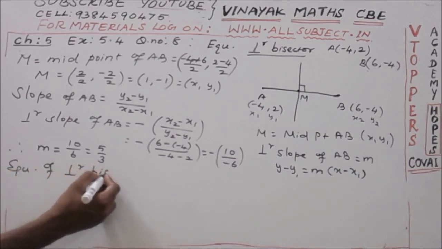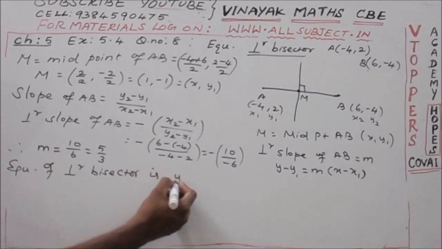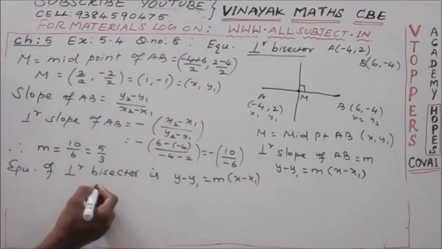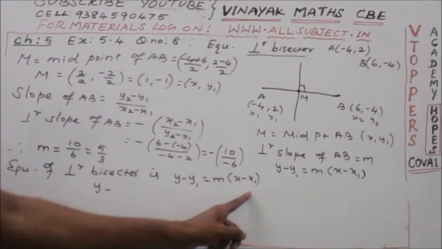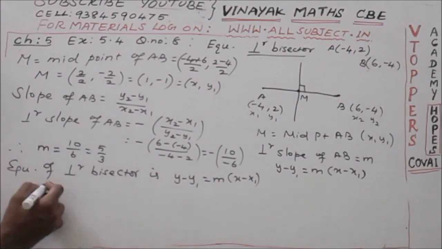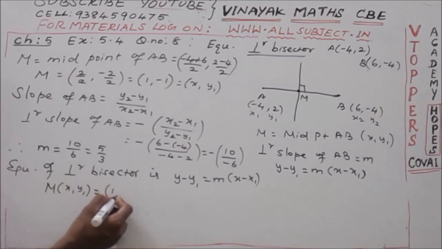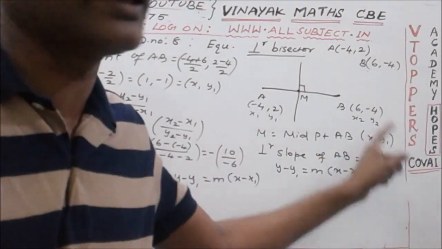So the required equation of the perpendicular bisector is y minus y1 equal to m into x minus x1. While calculating the slope value, this is x1 y1 and this is x2 y2.